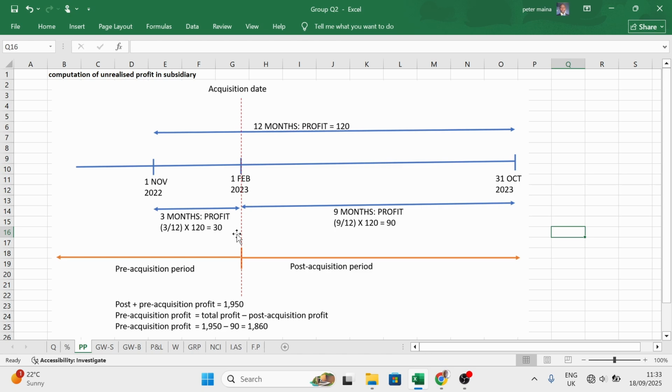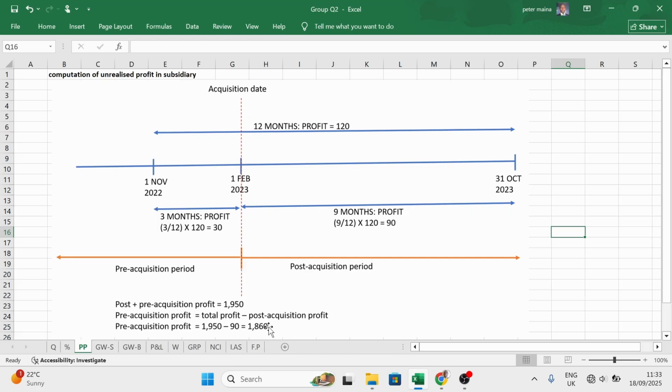Post-acquisition is from this line all the way to 31st October 2023, which is 9 over 12 times 120, which is 90. So if you take the total profit in the balance sheet, 1950, and deduct this post-acquisition profit, you are going to be left with pre-acquisition profit.